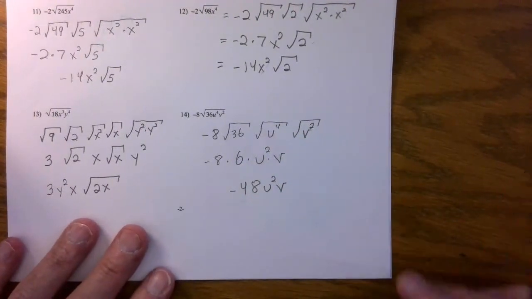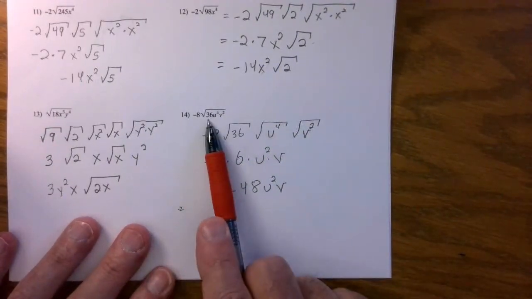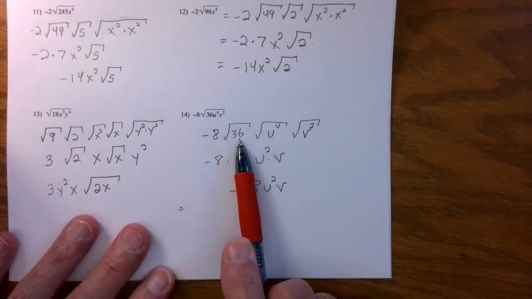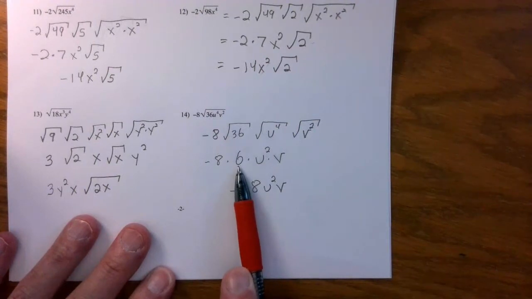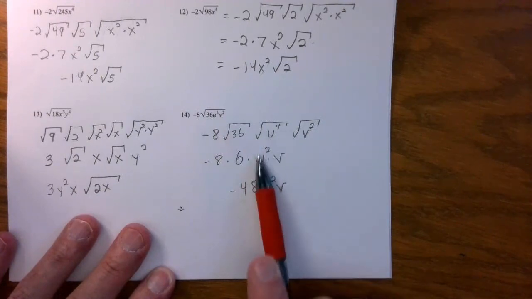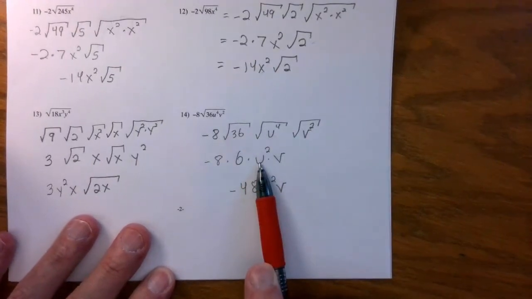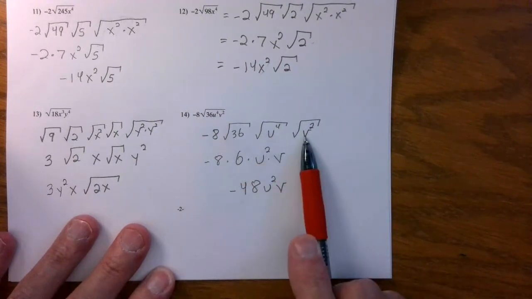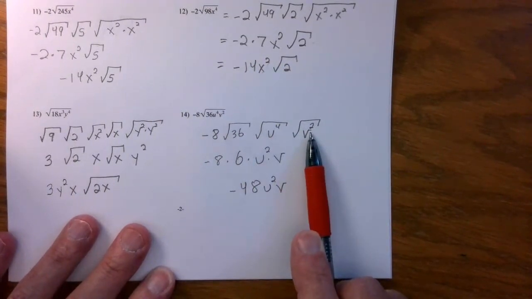All right, the last one, 14. Again, 36 is a perfect square. That's 6 times 6. So the square root of 36 is just 6. That comes right out. All right, the square root of u to the fourth is u squared. And the square root of v squared is v.